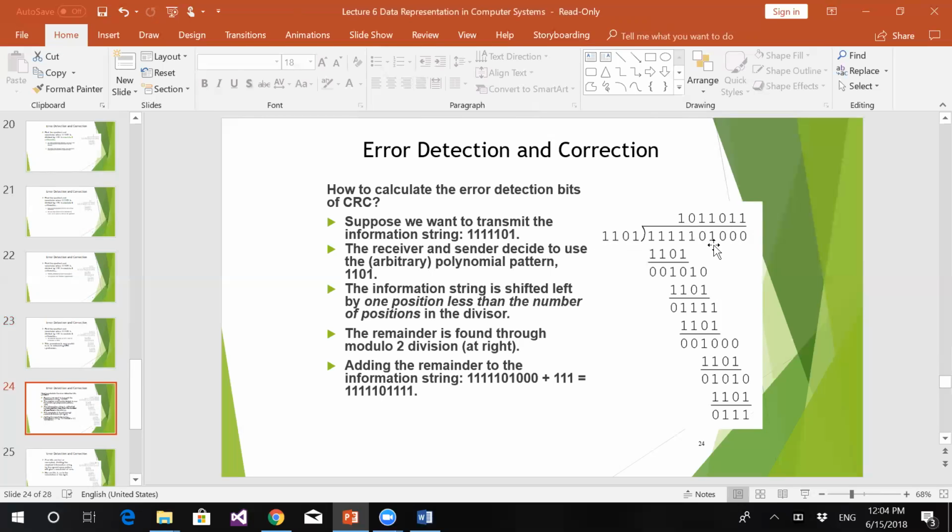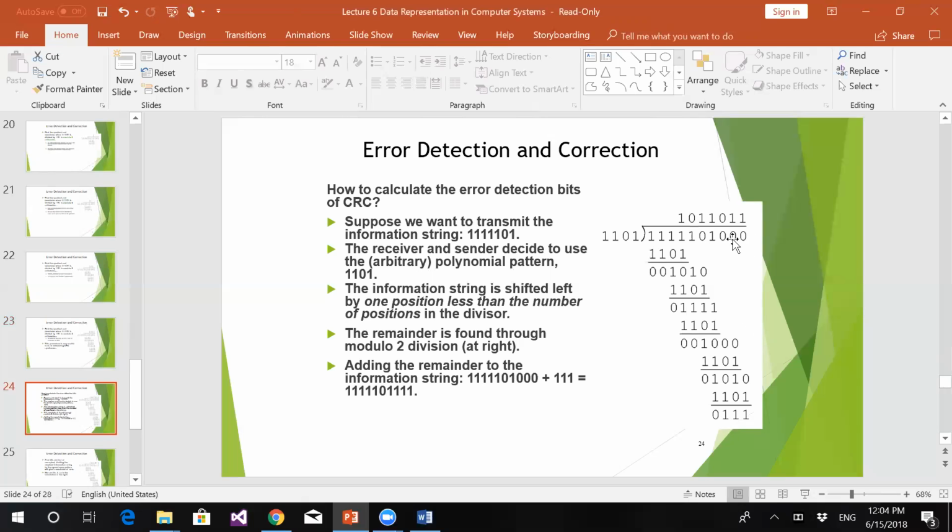So we are going to add 3 digits after the original number, and that is going to be divided by the number here, 1101. Then we are going to do the dividing using modulo 2 arithmetic. Until the end, we have a remainder here. The remainder is 0111. Then we are going to add this remainder to the original number, and that is going to be the number to be sent.